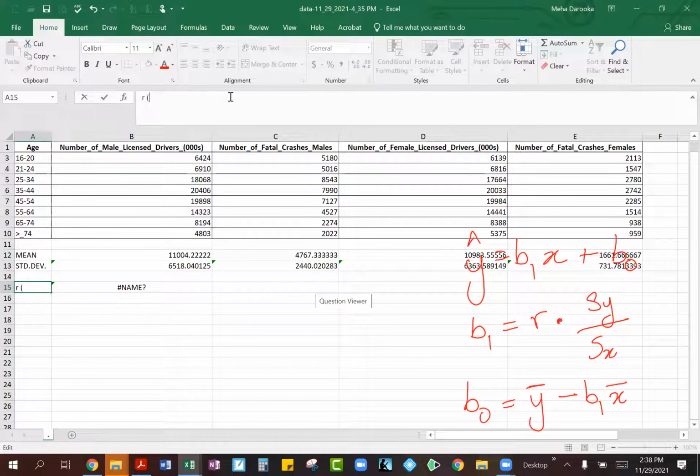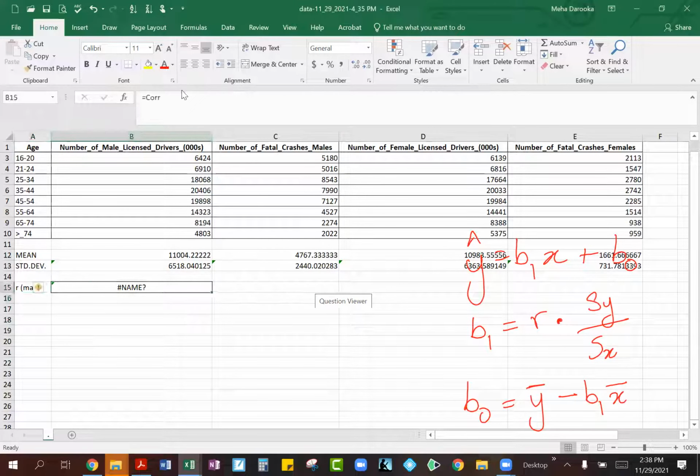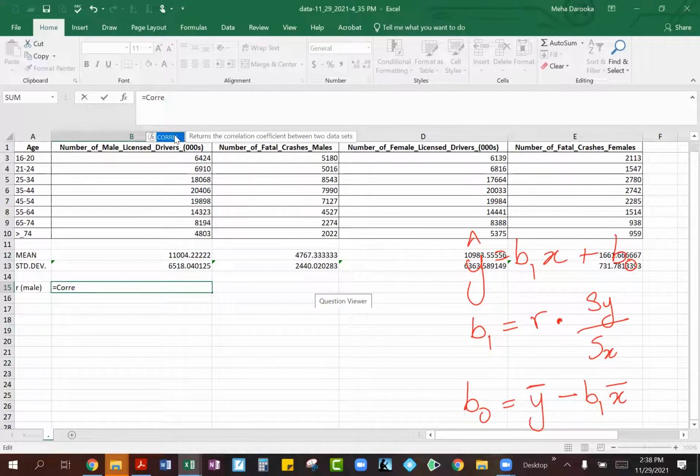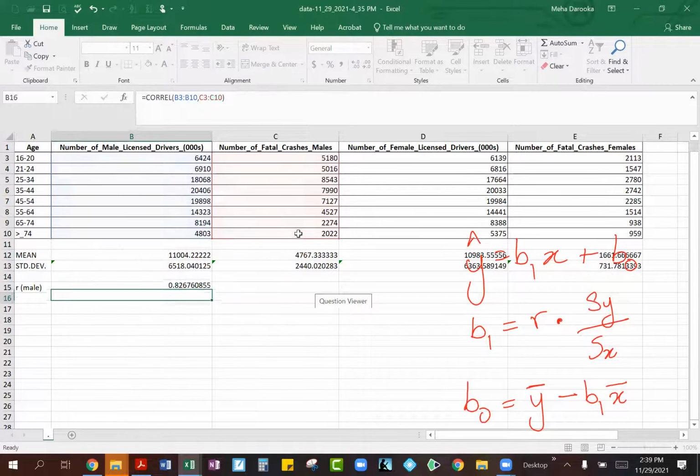I'm going to write this as the correlation coefficient for male. Okay, so remember we're using the licensed drivers as our explanatory variable. So that's the first array. And then the fatal crashes as our response variable. So that's the second array. So you're going to be doing just for the male drivers, licensed versus fatal.